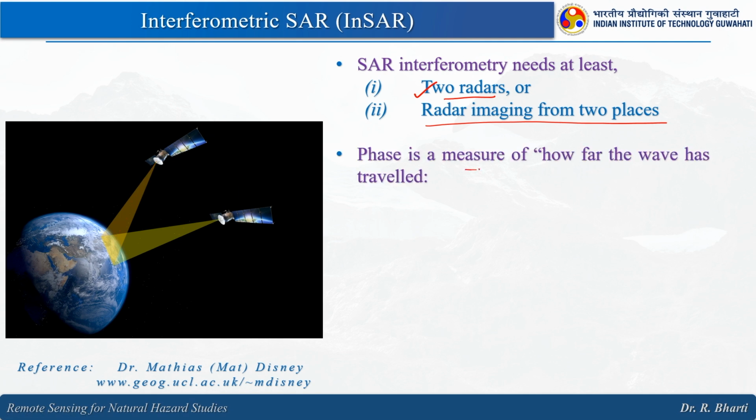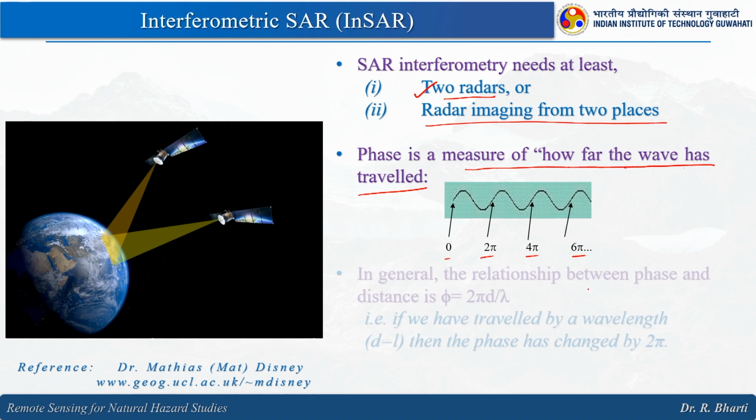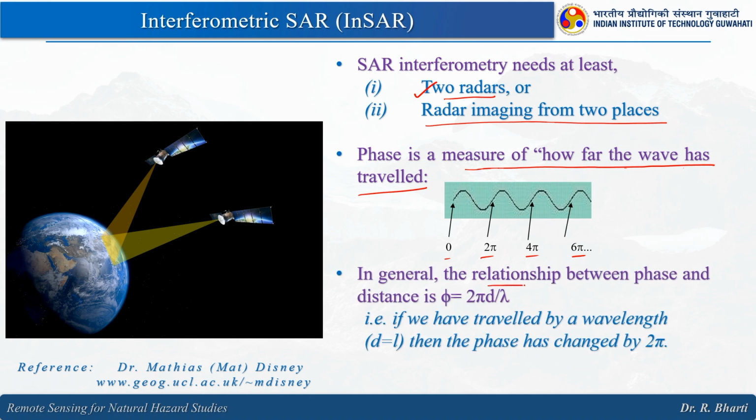Phase is a measure of how far the wave has traveled, whether it is 0, 2 pi, 4 pi, 6 pi. In general, the relationship between phase and distance is 2 pi d by lambda. That is, if the wave has traveled by one wavelength, d equal to 1, then the phase has changed by 2 pi.